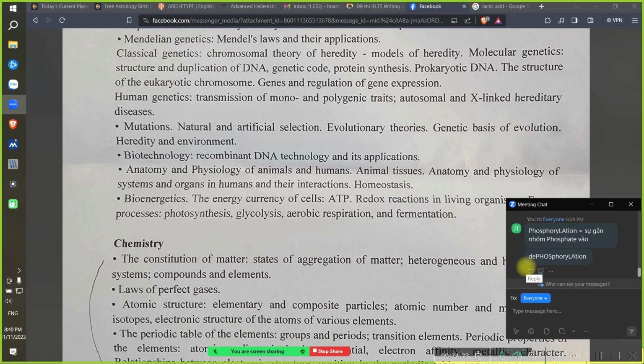And we also have another type of phosphorylation in this area. That is oxidative phosphorylation, but it occurs at the beginning of ETC, which is the electron transport chain.